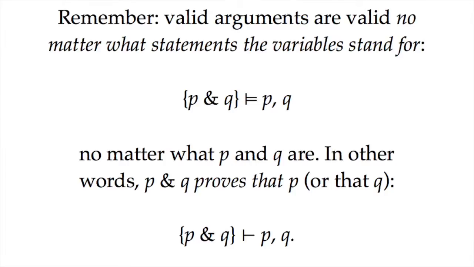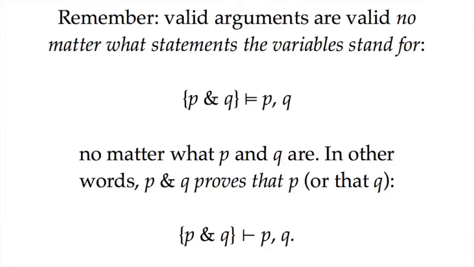It's valid no matter which letters we use for individual statements, and it's valid no matter what each of those statements actually says. So in general, valid arguments are valid no matter what the statement variables stand for. That means we could just rewrite this argument like this: P and Q entails P, or it entails Q, no matter what P and Q are.